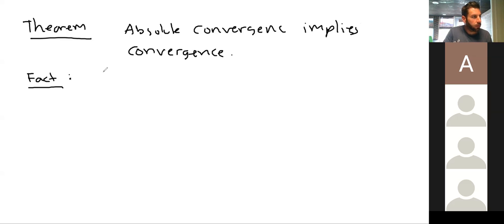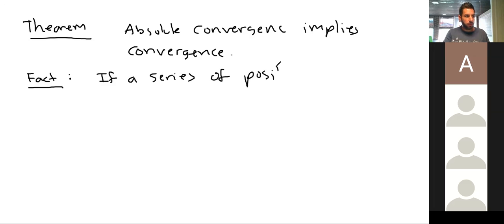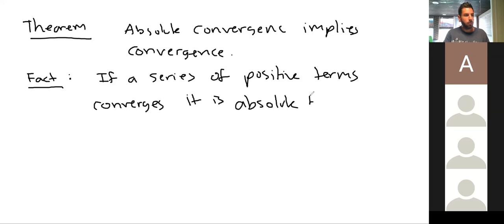The fact is, if a series of positive terms converges, it is absolute by default, just by definition. So really the only time absolute convergence is something we're concerned about is anytime we have negative signs in our series or negative terms.